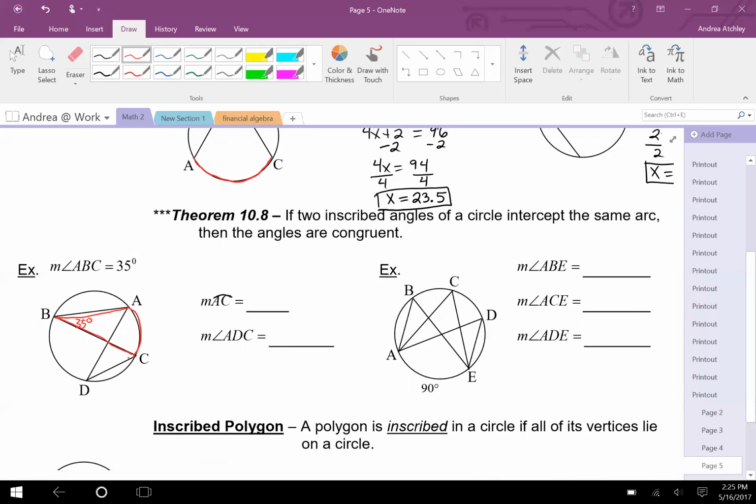Jasmine, can you tell me what the intercepted arc would be? The angle, 35. Okay, the intercepted arc does not equal the same value as the inscribed angle. 70 is twice as big. So we have to do 2 times 35 would be 70.